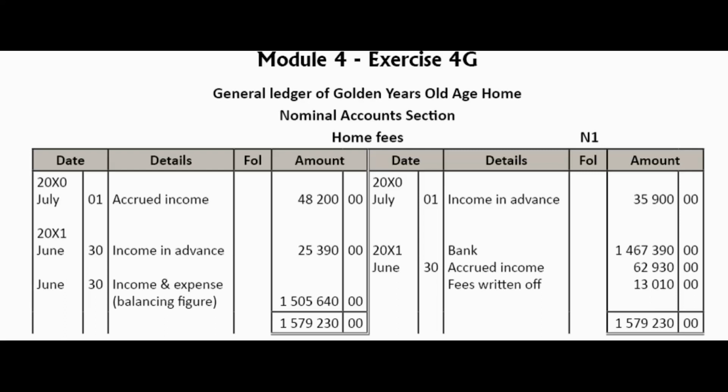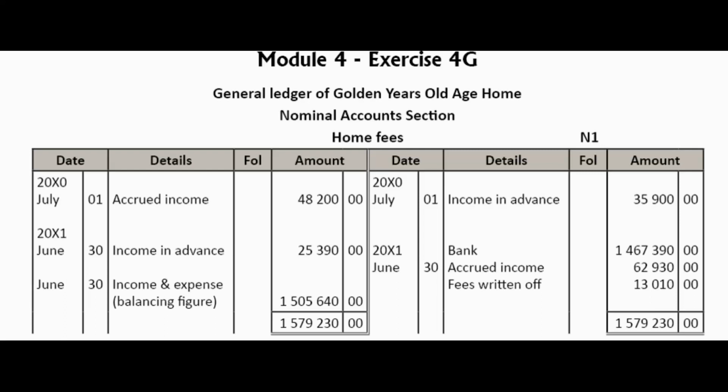So you will have on the debit side of that fees account income received in advance 25,390, and you will have on the credit side of income received in advance 25,390. Okay. And then what was outstanding at the end of the financial year? It was 62,930. So we will credit the home fees account and debit accrued income of 62,930.